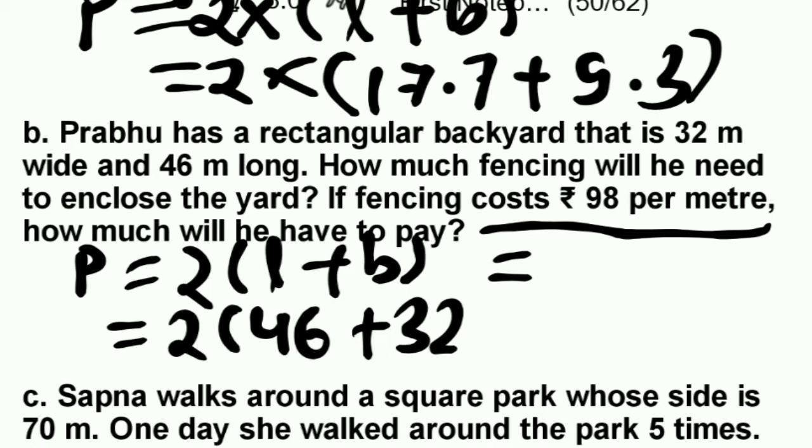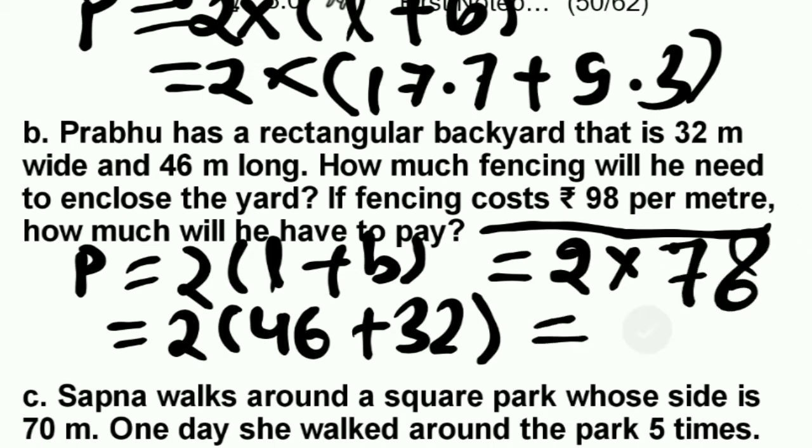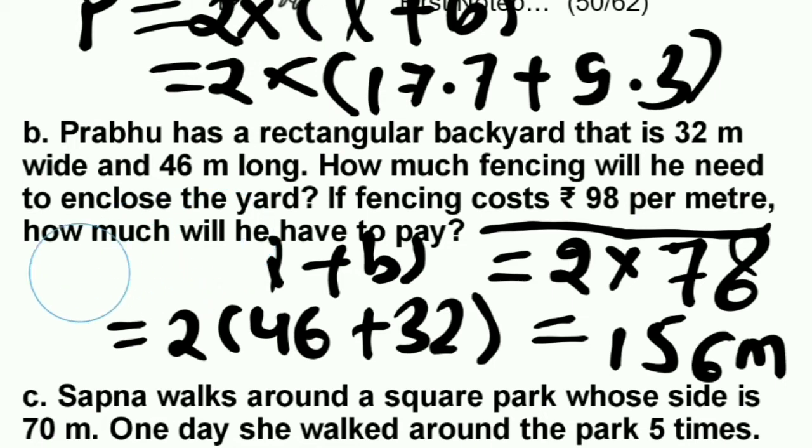So it will be 2 into 78. Now this we can multiply. 2 8s are 16, carry 1, 2 7s are 14 plus 1, 156 meter. Okay, so now we get 156 meter.